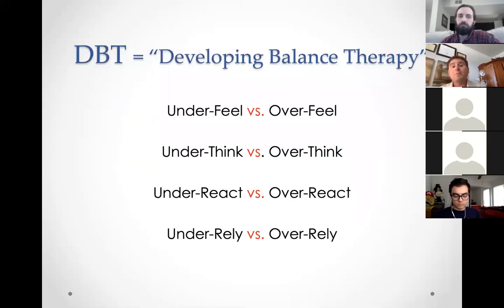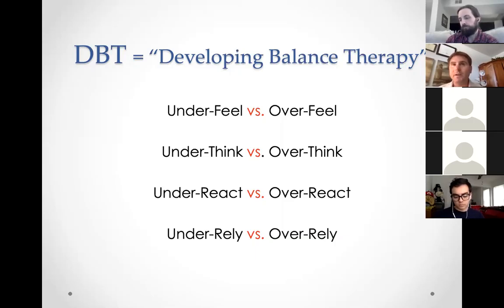And if you think about it, especially someone that's been traumatized, they are forced to the extremes because trauma is an extreme situation. So as we know, our clients that have been traumatized, they have all of these competing tendencies at the same time, right? Sometimes they overfeel, sometimes they're just completely numb. Sometimes they overthink, right? They just obsess and ruminate. Sometimes they're just not thinking enough, right? They're too impulsive, right?